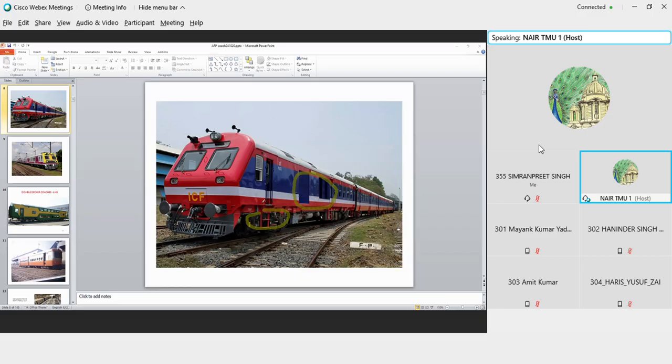So if you have a diesel electric multiple unit, or an electrical multiple unit, an MEMU, you will find that it will have a set of 4 or 5 coaches. So there would be a small diesel engine which is provided here, and this diesel engine would be powering a set of 4 coaches. You attach another set of 4 coaches, again it has one more diesel engine, again 4 coaches behind it.